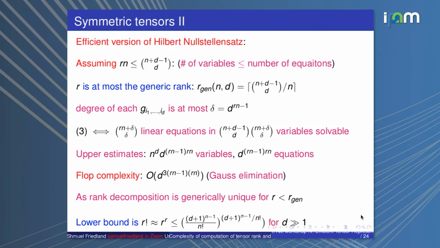And this gives me R factorial, which for R big is like R to the power R. So this is, I think, the lower bound for this decomposition, but I don't have a proof for this. This is the intuition. This is how much you need, at least.